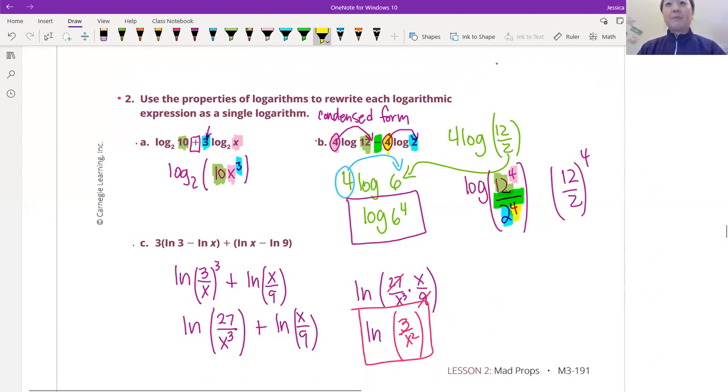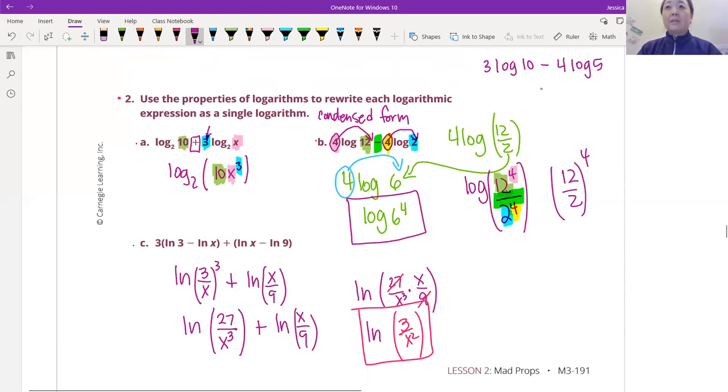So for example, if it was 3 log 10 minus 4 log 5, you would not be able to do this like what we did there.